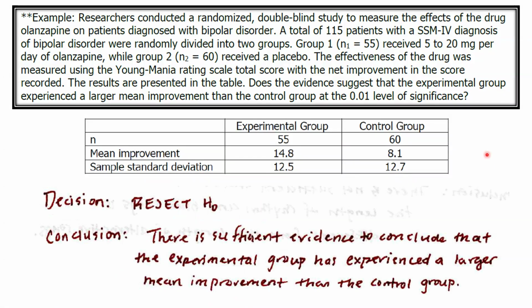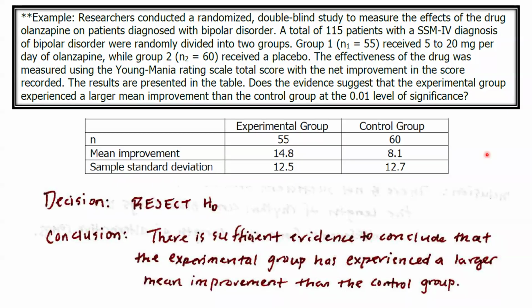So our decision is going to be to reject the null. Why? Because the test statistic is in the rejection region and our p-value is less than alpha. So we can conclude that there is sufficient evidence to conclude that the experimental group has experienced a larger mean improvement than the control group.